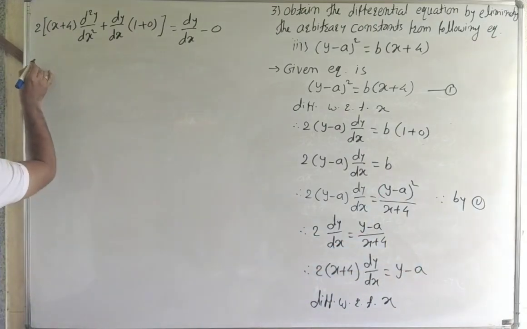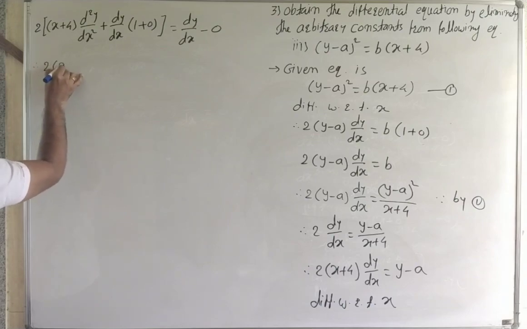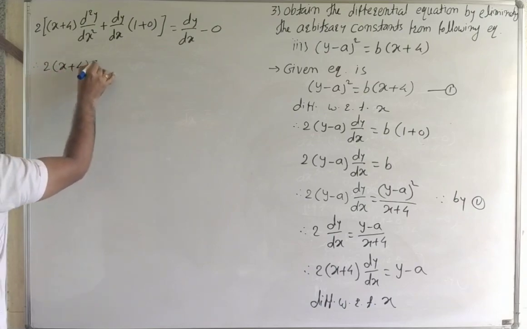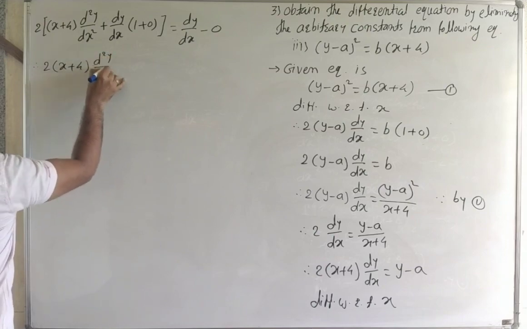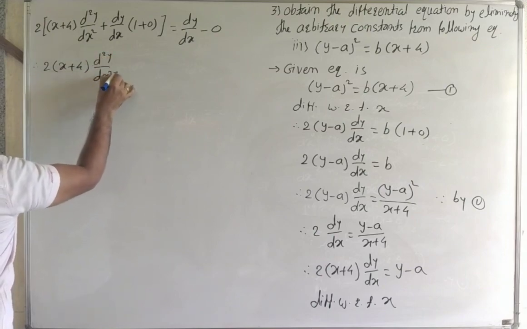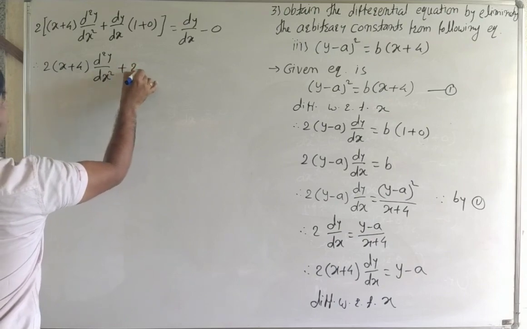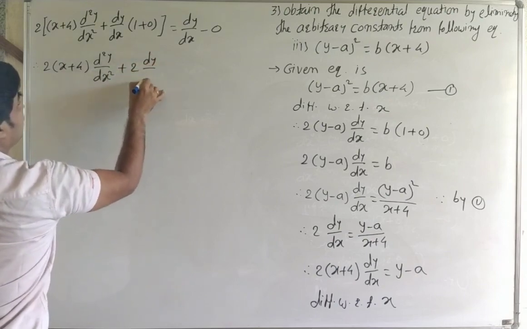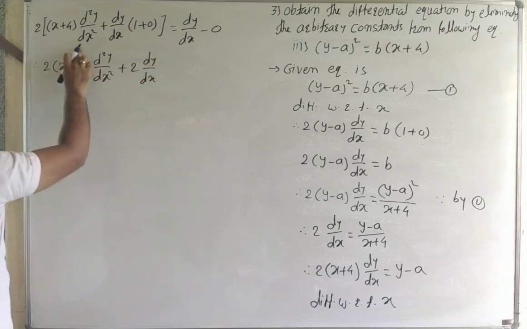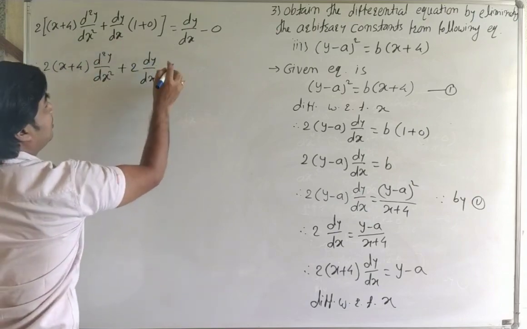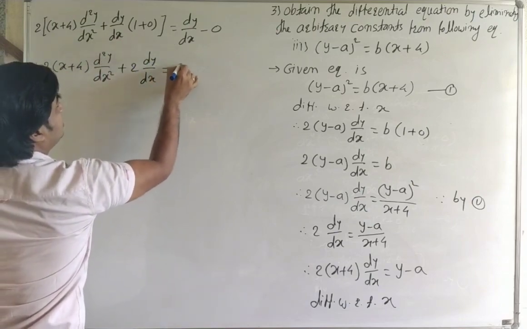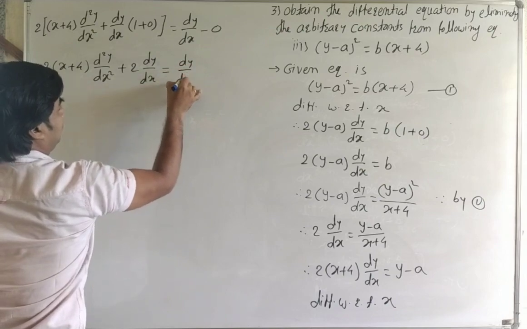And now we simplify this. Here 2 into (x plus 4) d2y by dx2 plus 2 dy by dx. Here we multiply by 2, and dy by dx we can write is equal to dy by dx.